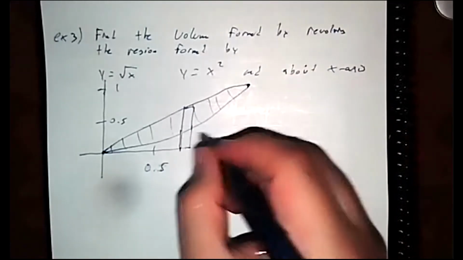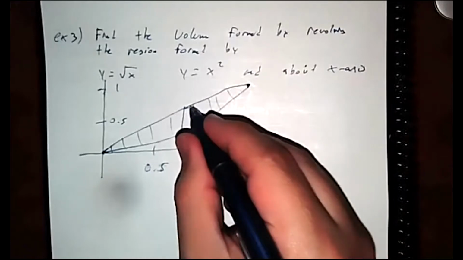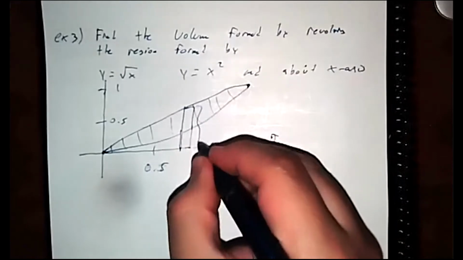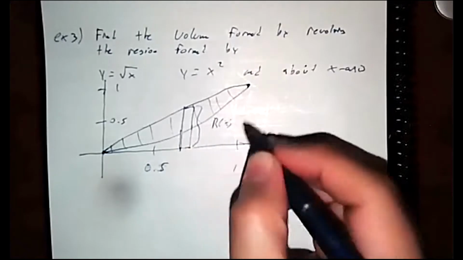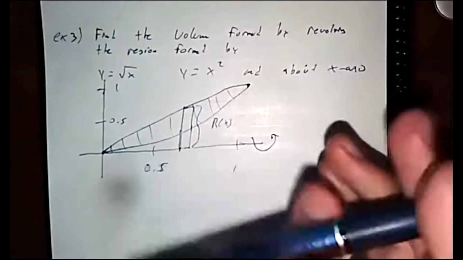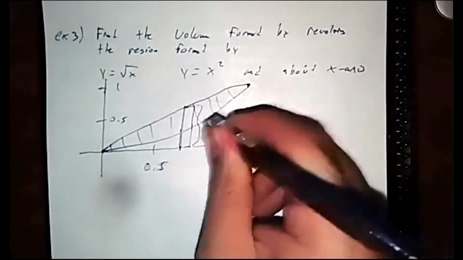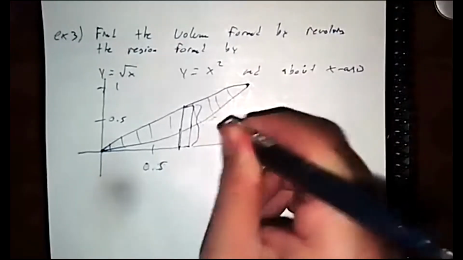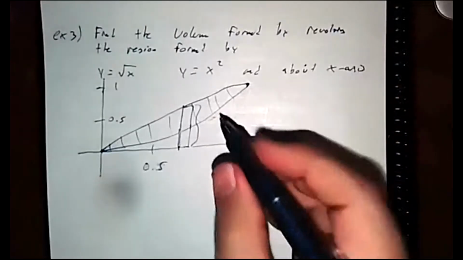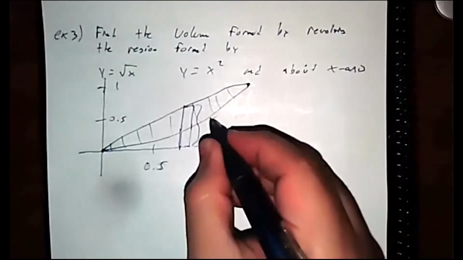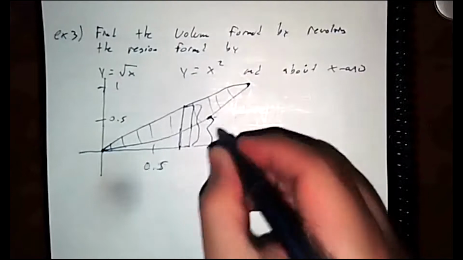So this radius from top to bottom, that is big R. From this bottom part here, that's little r.